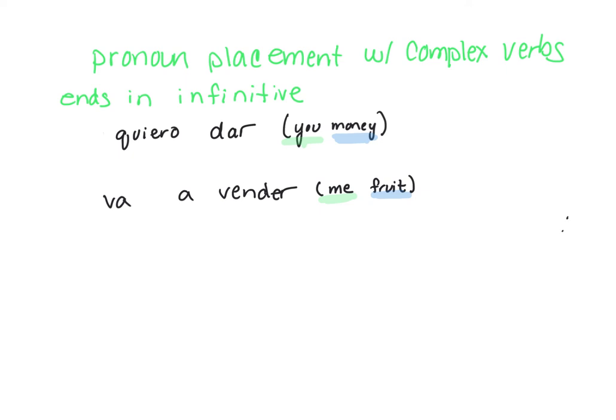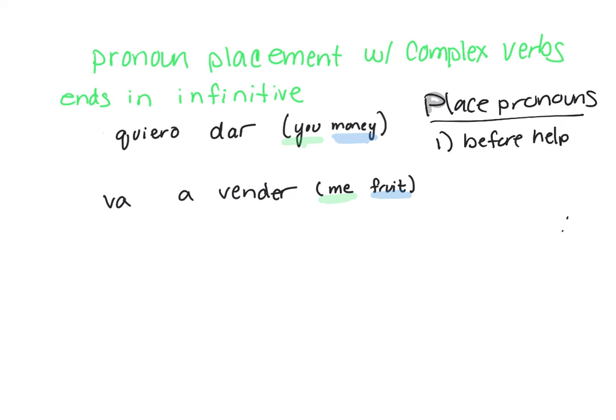So with our infinitives, pronouns are going to be placed. You have 2 options. Option 1 is before the helping verb. Okay, so before the whole thing, not in the middle, but before everything. So we know that you is going to be te.